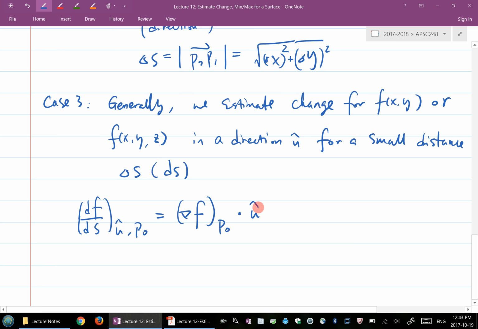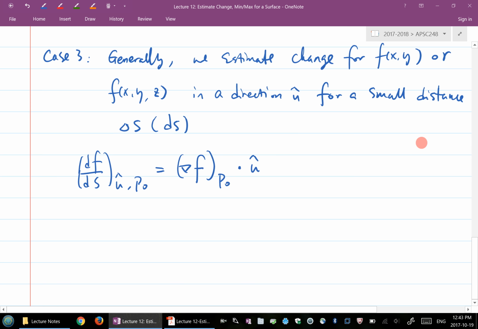Now if I relate this formula to the general description, u hat is the direction of going, and ds is a small change in that direction.